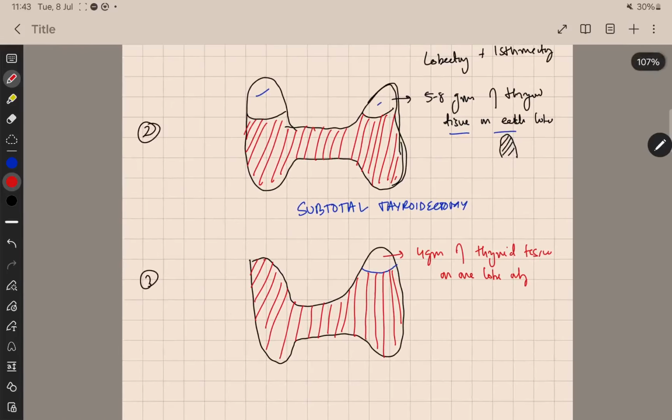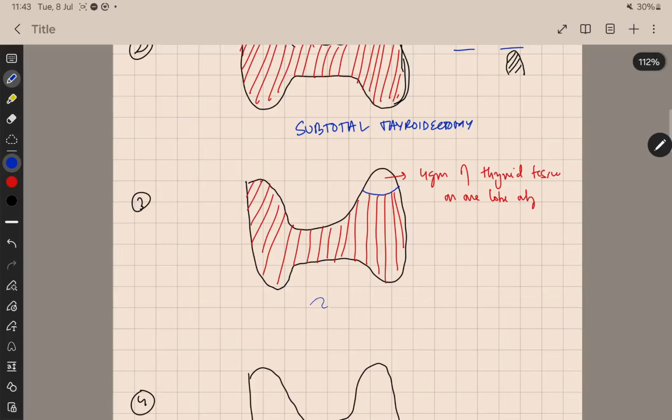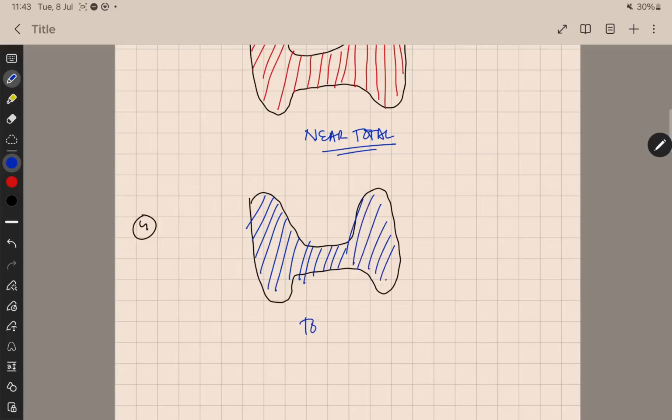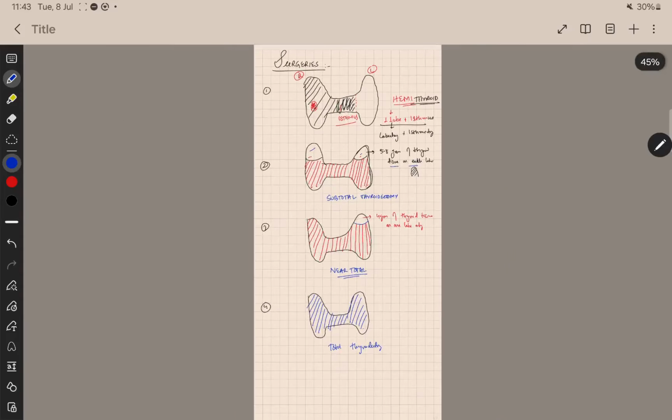So in the previous case we spared both lobes, while in near total thyroidectomy, we have spared only one lobe, a little bit of thyroid tissue. And fourth is total thyroidectomy, that is, we'll remove the whole of the thyroid gland. So these are the 4 types of surgeries that we generally do in case of thyroid gland.